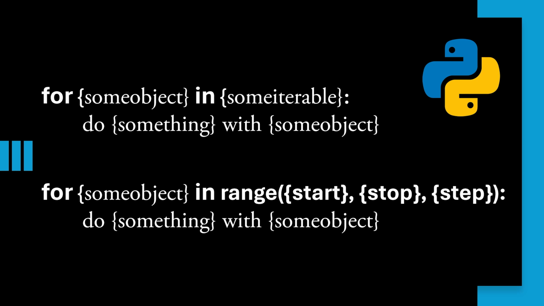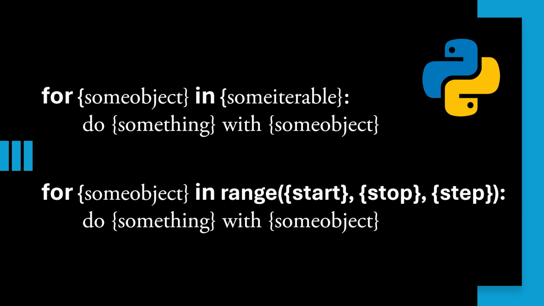The second line, do something with some object, means that you can run anything. If you want to print something like printing hello, and if you want to do something with that some object, you can also do it, related or not.